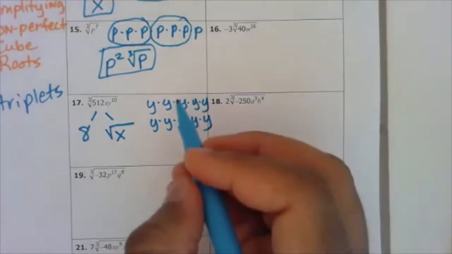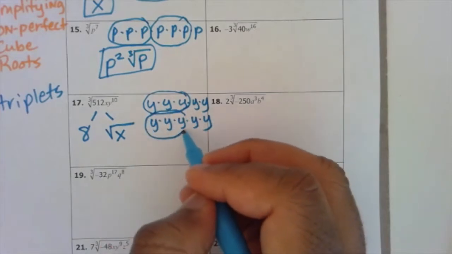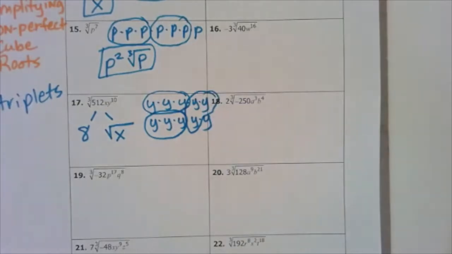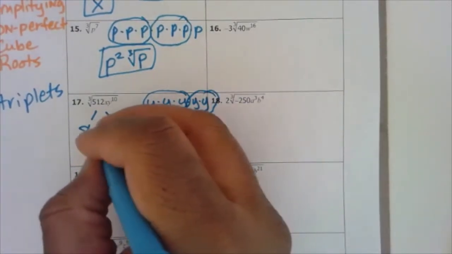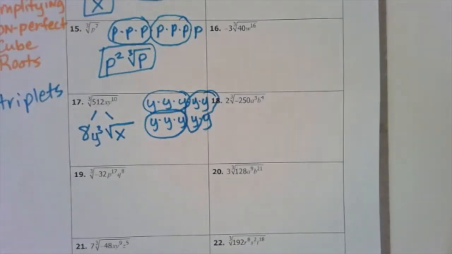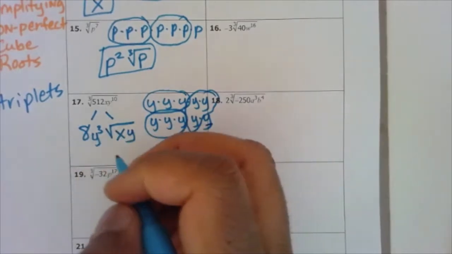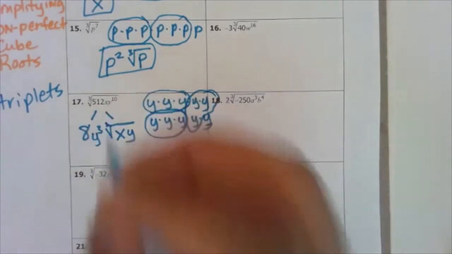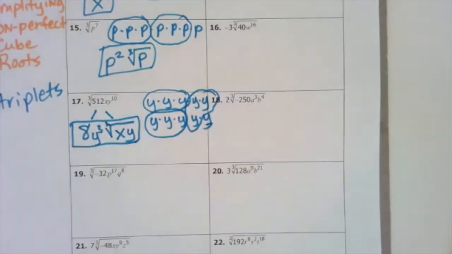But let's just do this one here. So I have one set of triplets, another set of triplets, and then a third set. All right, so on the outside, I could have y to the 3rd power. And on the inside would be that lonely y. Well, I guess it's not that lonely, it has the x right next to it. So we're good to go. Although we have to remember to write that little 3. It's very important to have that little 3.